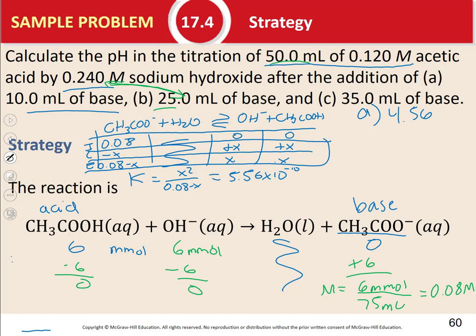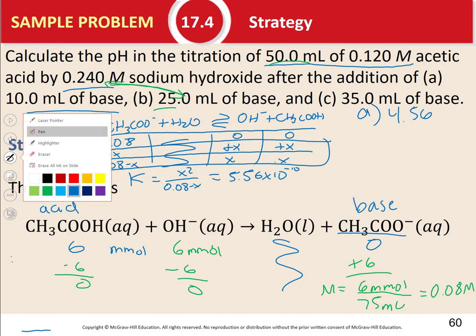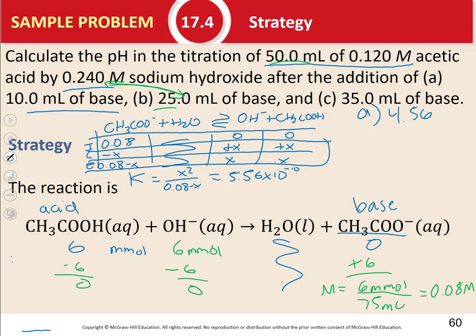To avoid the quadratic, what's probably a safe assumption here? X is very small, so we're going to ignore that guy. Take the square root of both sides.